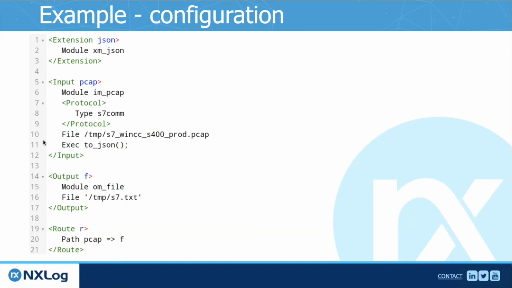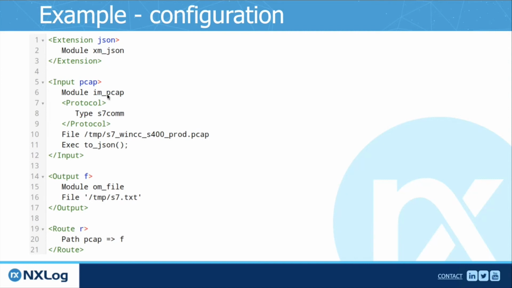Then from line 5 to 12 we declare our input. We like the convention that the configuration is self-explainable, so we also try to keep naming in a self-explainable way. The name of this input is simply pickup. We want to use the module called im_pickup, so there's no surprise.